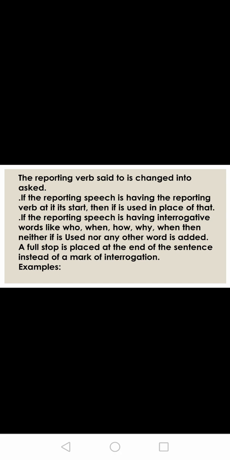If the reported speech is having interrogative words like who, when, how, why, then neither if is used nor any other word is added. A full stop is placed at the end of the sentence instead of the mark of interrogation. In indirect speech, you are not going to put the question mark. You are just going to put the full stop.